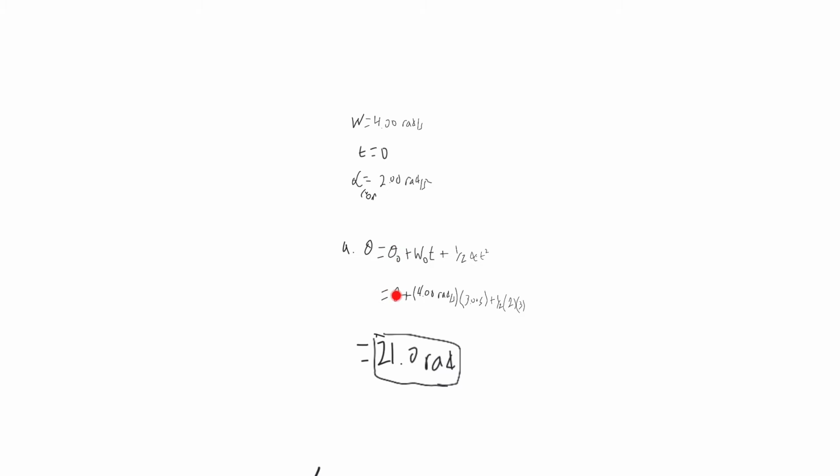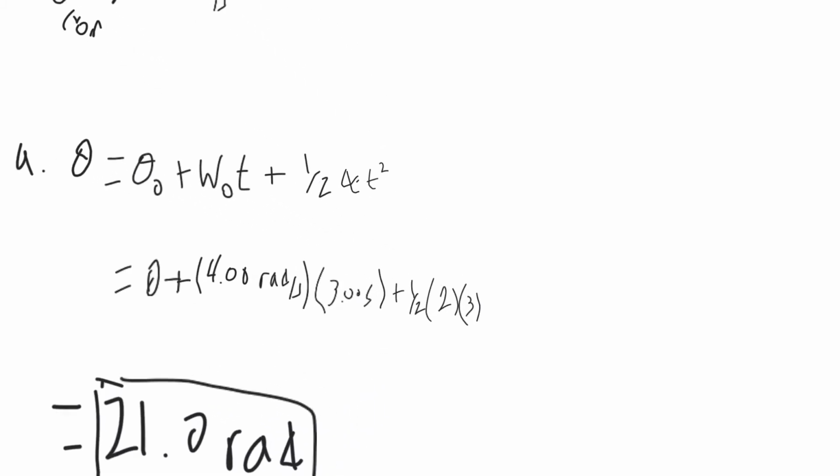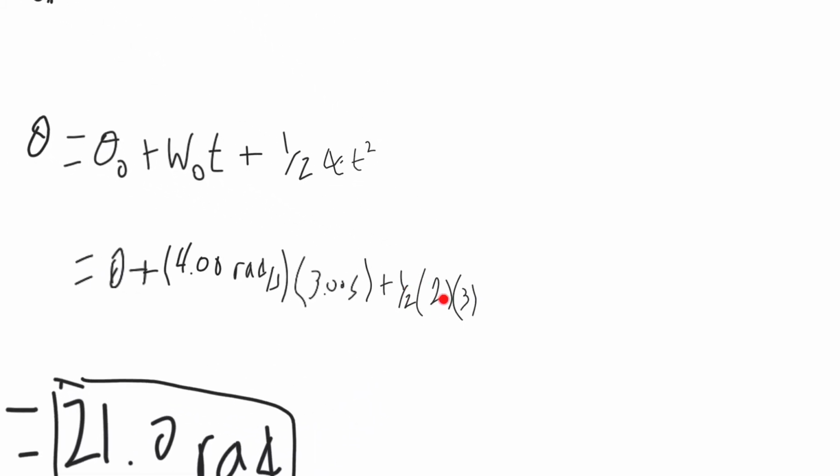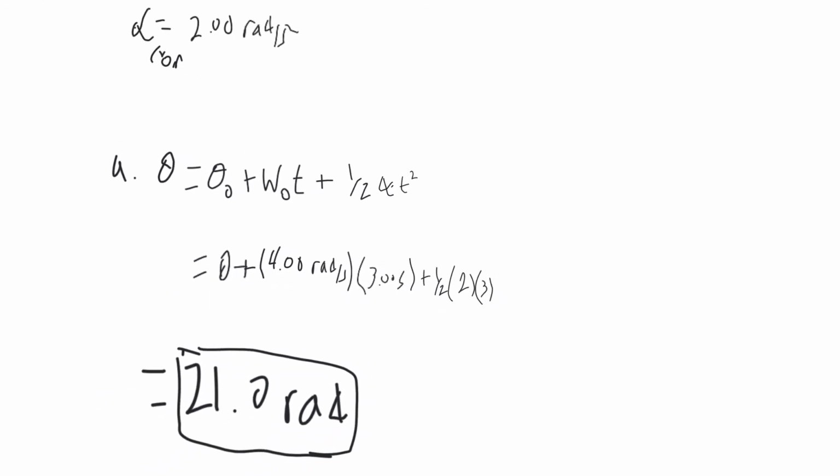So we have the initial angle, which is 0, plus the angular velocity, which is 4, times the time that we want to find, which is 3 seconds, right? And then we have half of the angular acceleration, which is 2, and the time, which is again 3 seconds. And this is supposed to be squared, so sorry about that.